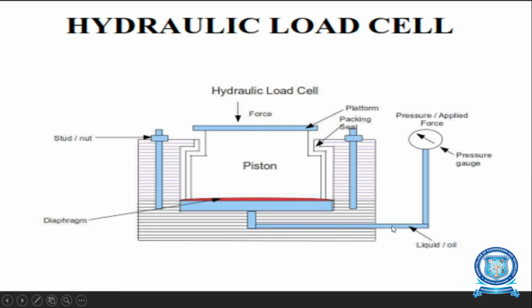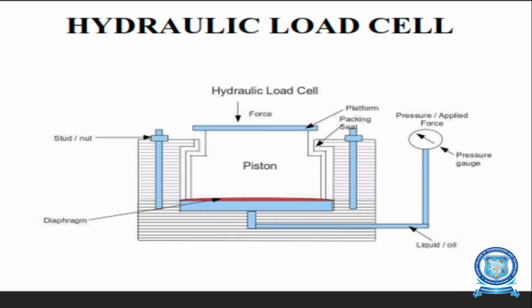And there's a stud or nut and a diaphragm below the section, and there's a pressure gauge which indicates the pressure or force applied, and there's liquid or oil which moves in the pipeline. So this is the schematic arrangement of the hydraulic load cell.